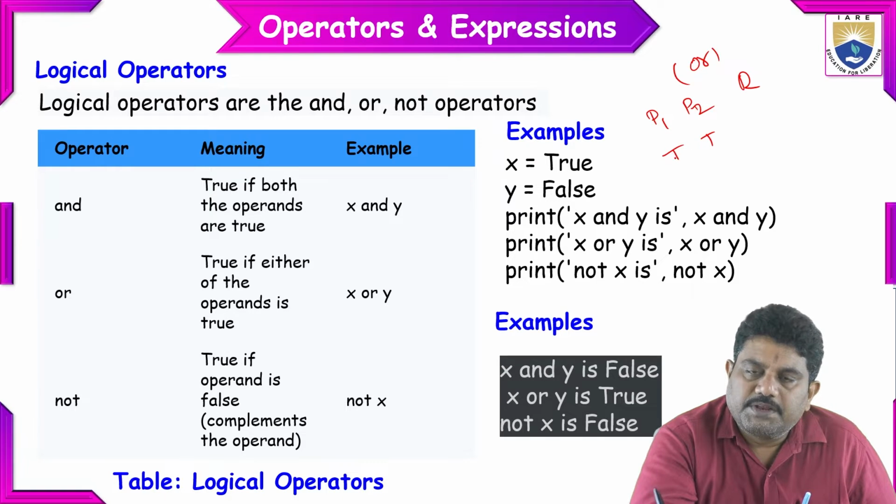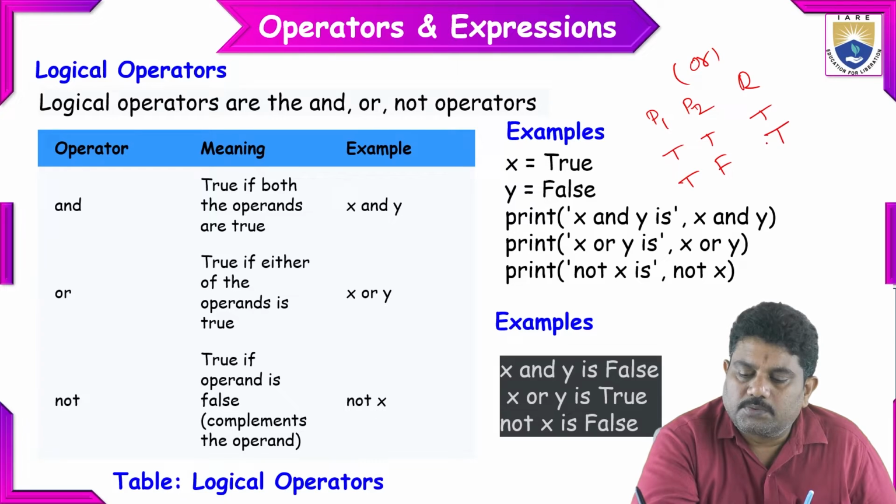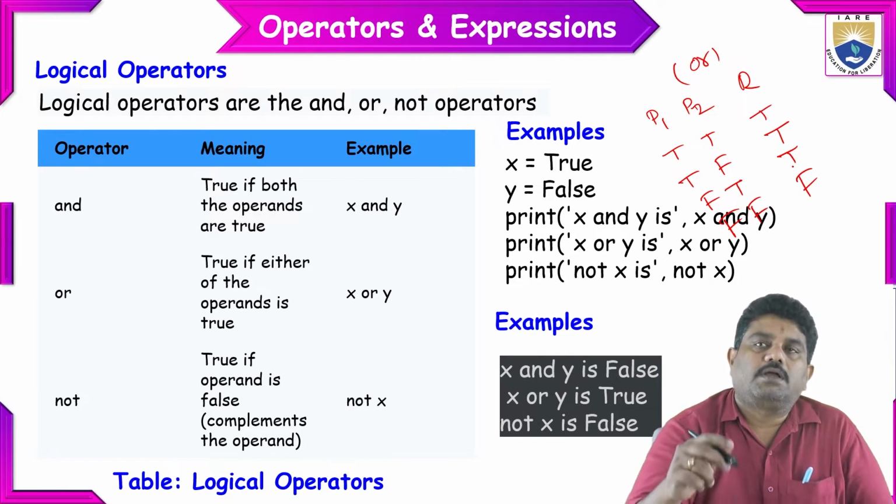What we say is, if anyone becomes true, then the output becomes true. So both are true, no problem, it is true. True and false: one is true, another is false, so it is true. False and true: one is false and another is true, this is true. False, false: no one is true here, so it becomes false.